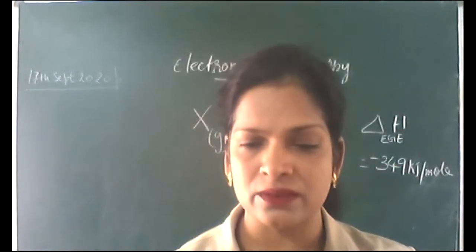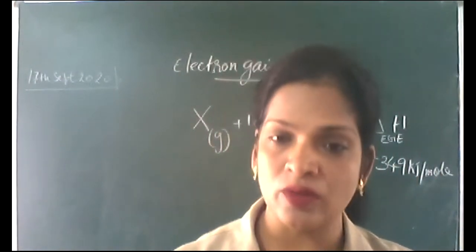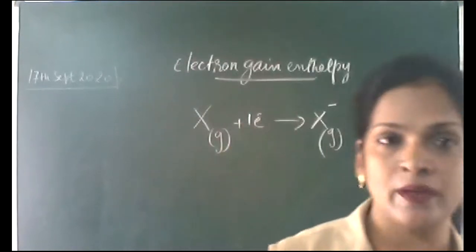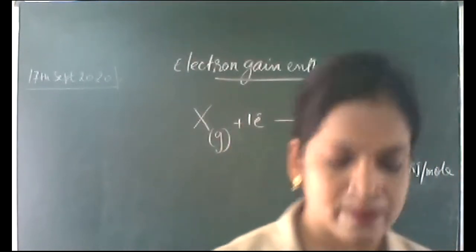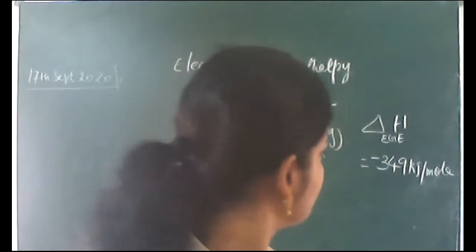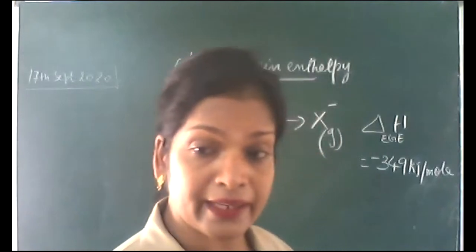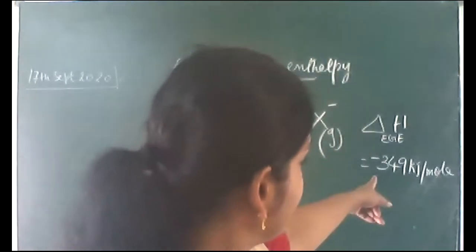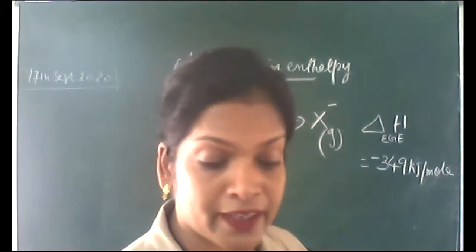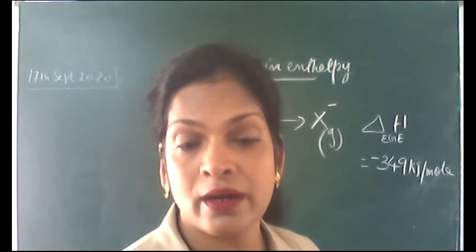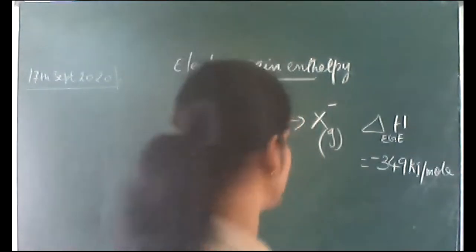Oxygen takes one more electron, then only oxygen gets the nearest noble gas configuration, then only oxygen becomes stable. In the case of chlorine, it is 349 kilojoules per mole. In the case of fluorine, it is only minus 328.